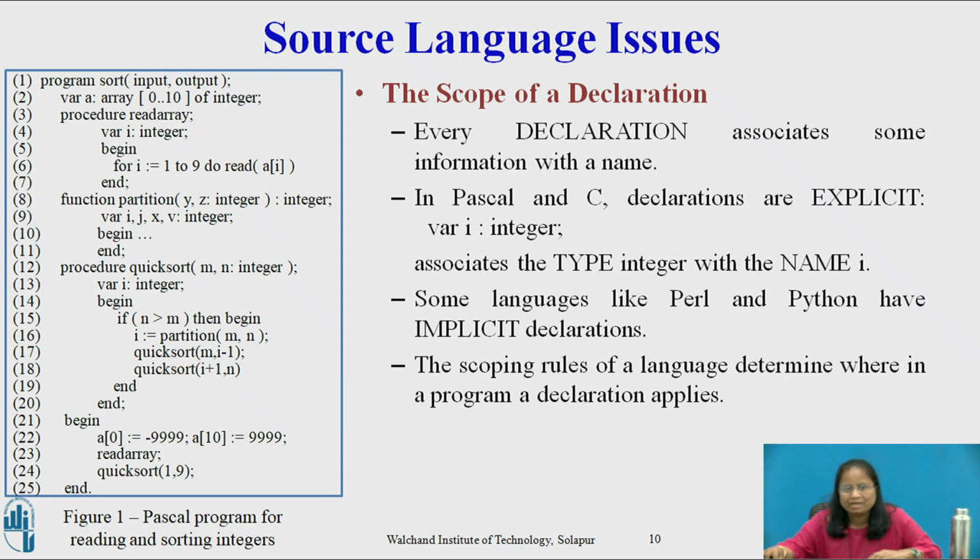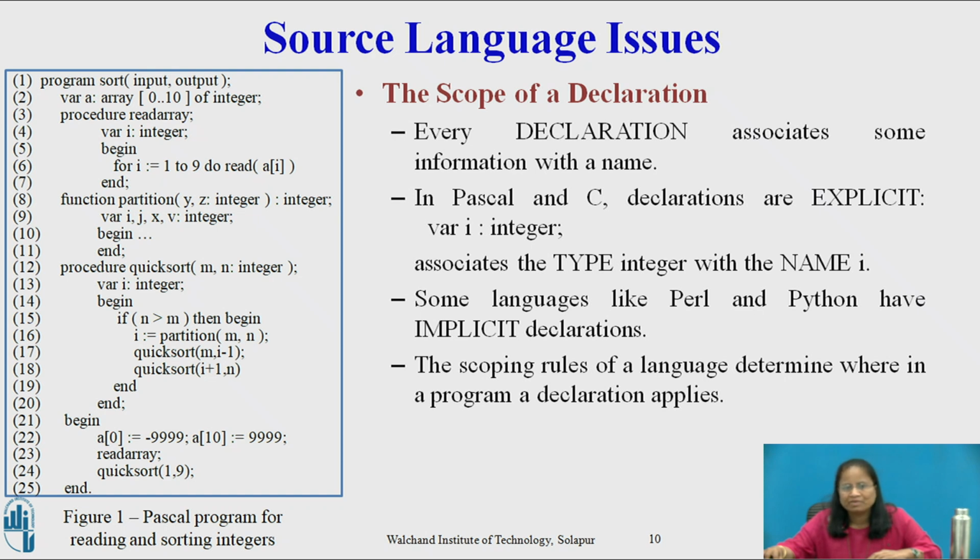There may be independent declarations of the same name in different parts of a program. The scope rule of a language determines which declaration of a name applies when the name appears in the text of the program. In the Pascal program in figure 1, a variable i is declared thrice on lines 4, 9 and 13, and the uses of name i in the procedures readarray, partition and quicksort are independent of each other.